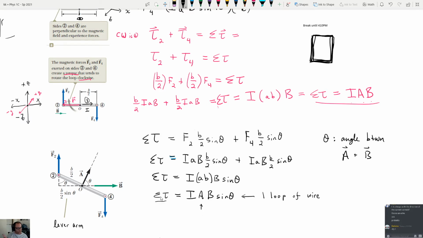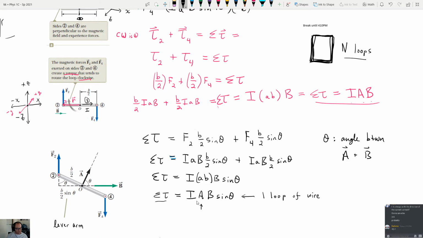So if you wanted to increase this effect, what would you do? You'd increase the current, you'd increase the size of the loop, you'd increase the magnetic field. All of these things would increase the torque that's felt right here, right? But in addition to that, an even simpler way of increasing the torque would be to just say, suppose I take N loops of wire. If I have N loops of wire, each one of them is going to feel the same torque, basically.